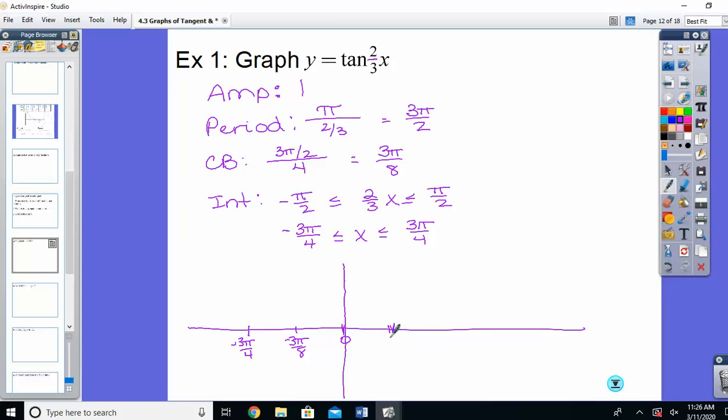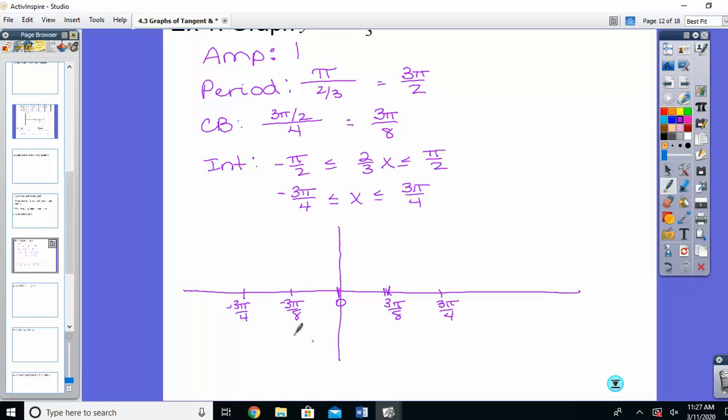Plus 3 pi over 8 is positive 3 pi over 8. Plus 3 pi over 8 would be 6 pi over 8 or 3 pi over 4. We pick this interval because we know what happens at both ends.